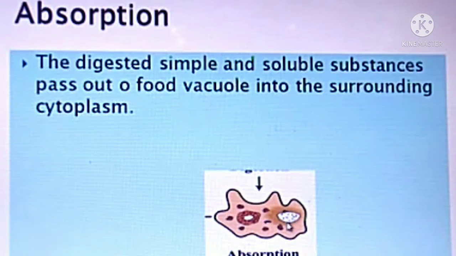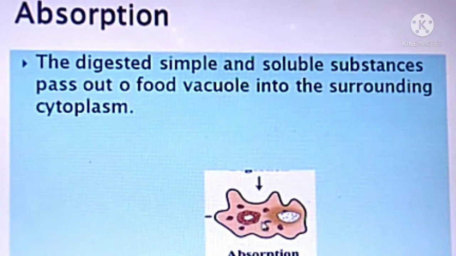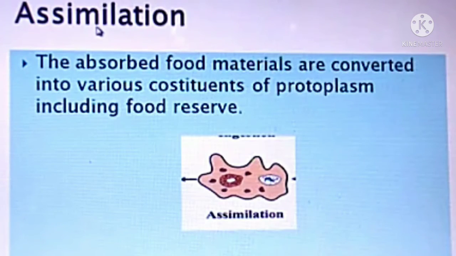And from the food vacuole, that simple substance is absorbed into the surrounding cytoplasm. Cytoplasm is the jelly-like substance, and the other cell organelles are present in it. That process we call absorption.